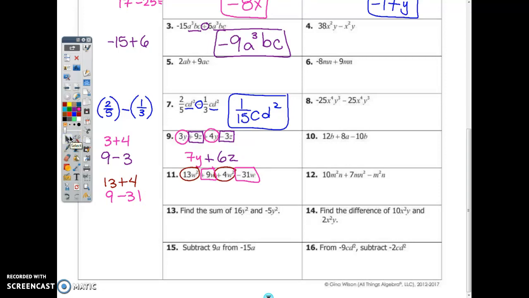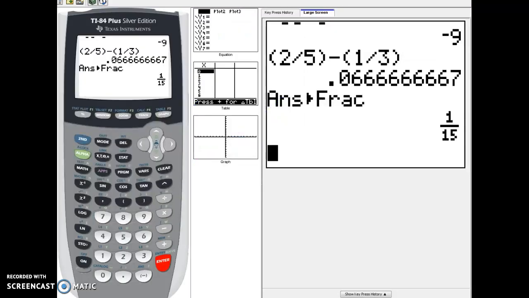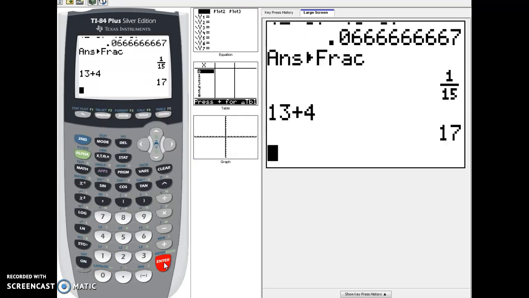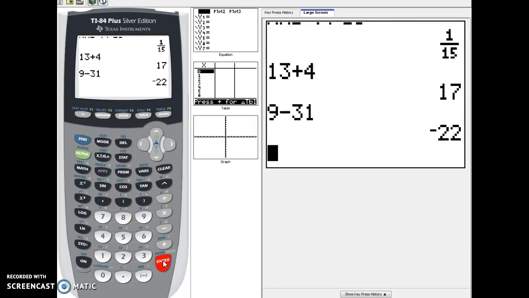and get your answer, and let's see if we have it correctly written. So you can pause and play when you're ready. 13 plus 4 is 17. And 9 minus 31 is a negative 22.